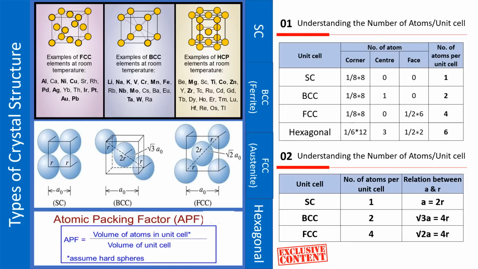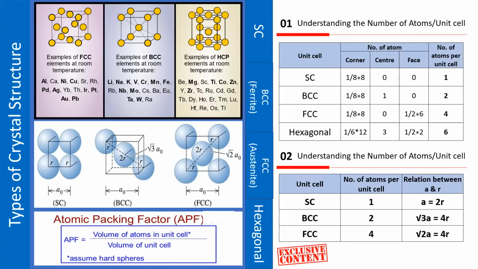If you talk about simple cubic, the atoms will be only at corners. There is nothing at the center, there is nothing at the face. Each atom at a corner is contributing 1/8 within the cell. The rest of the atom is associated with other cubic cells in all directions.